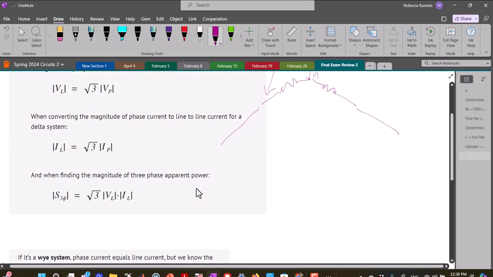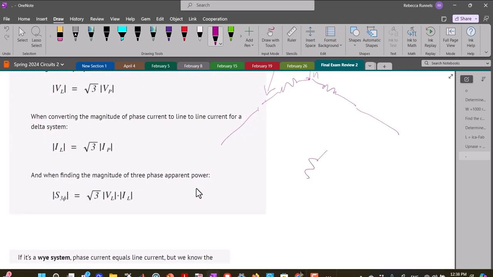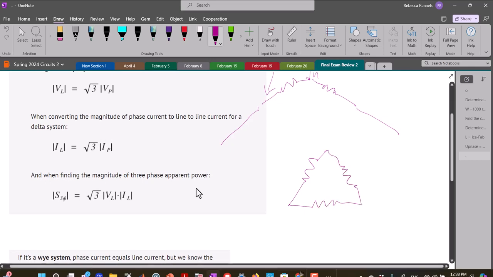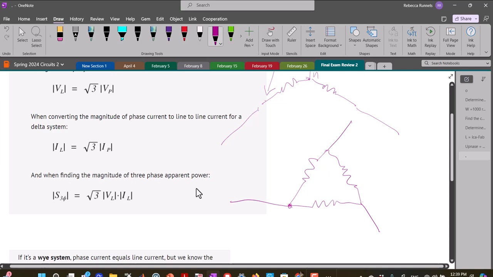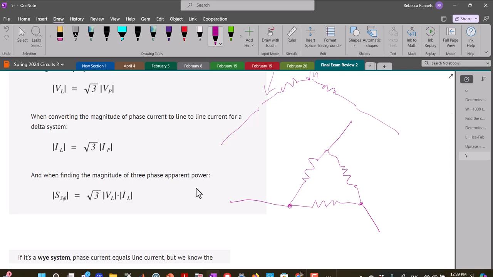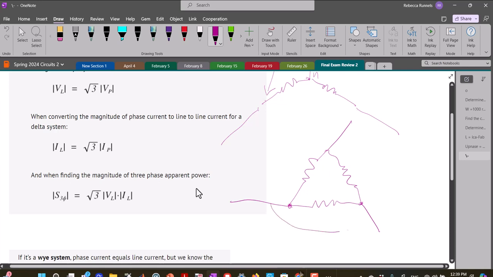Now for a delta, you can see that your phase voltage is going to be the same as your line voltage, because the voltage from here to here is the same as the voltage from here to here.